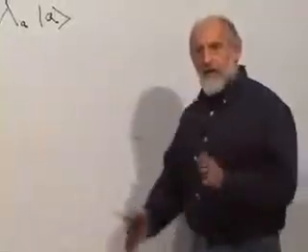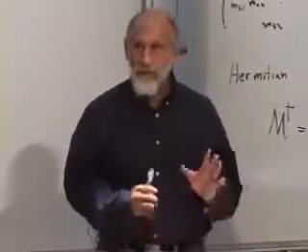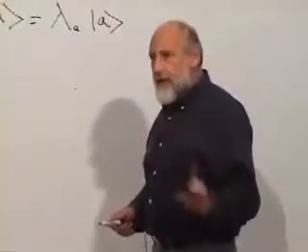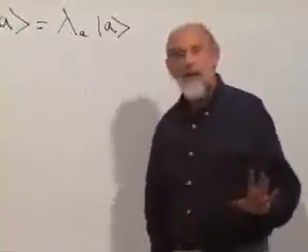Right? So the eigenvalues and the eigenvectors go together. There are certain states for any given observable, states which when you measure that particular observable, you will, with probability 1, get a particular answer, and that answer is the eigenvalue. So let's just do an example or two.